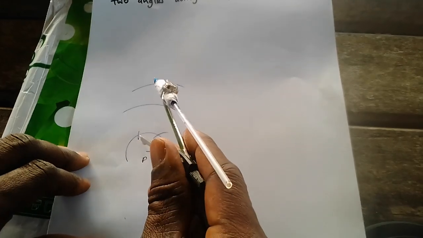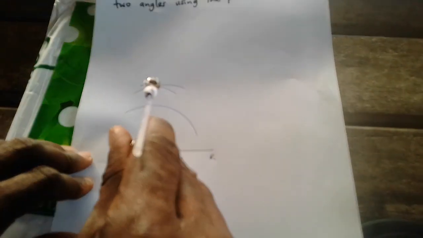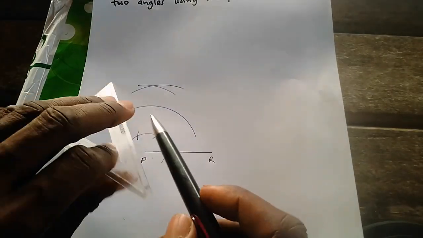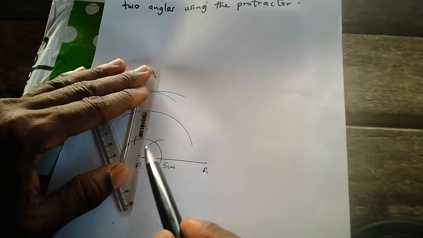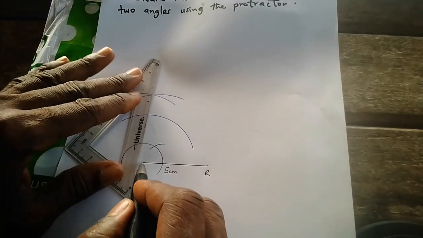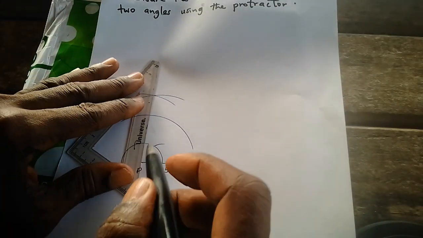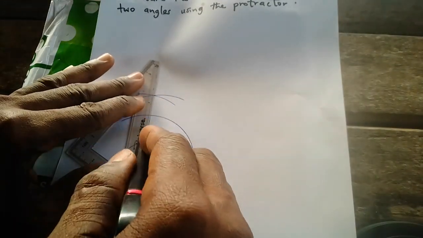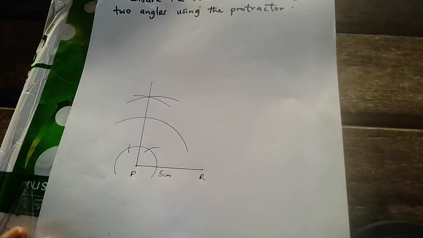Like that, you place it here also, you strike another arc. So you now join the point of intersection to this point with a straight line. So this gives us angle 90 degrees.